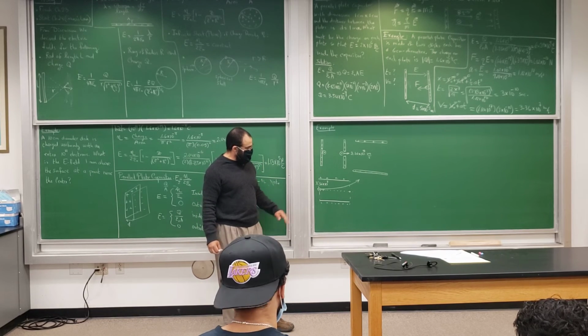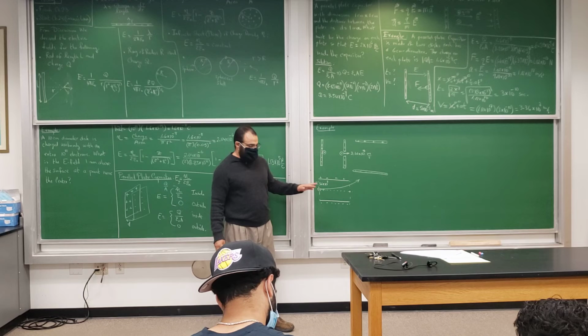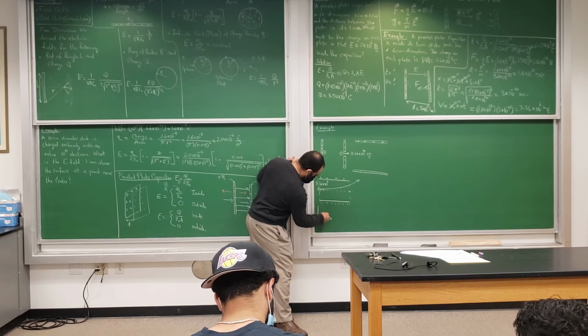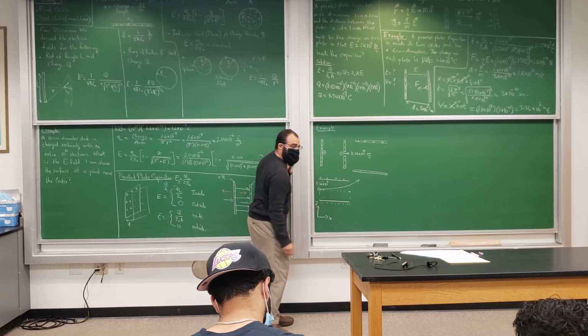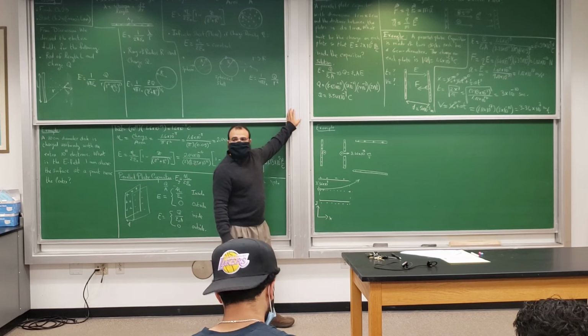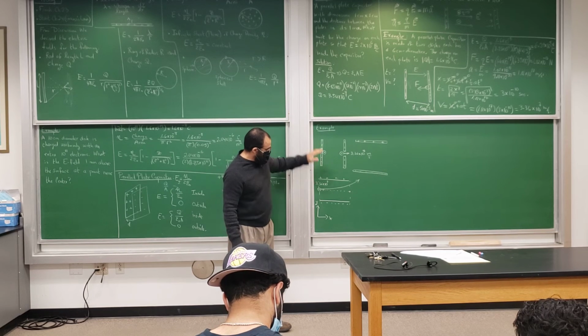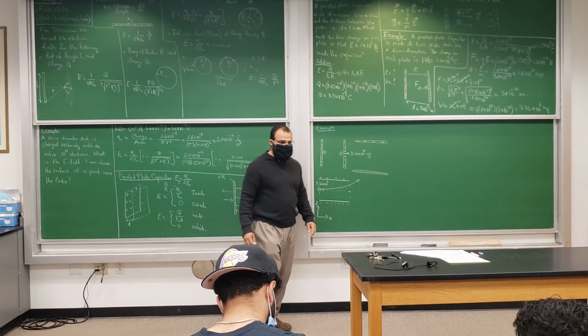The question would be, what's the final velocity? For this one, let us be careful. Let's draw a coordinate system. Let's say here's the x, and here's the y. I'm going to tell you what the electric field between the plates is.